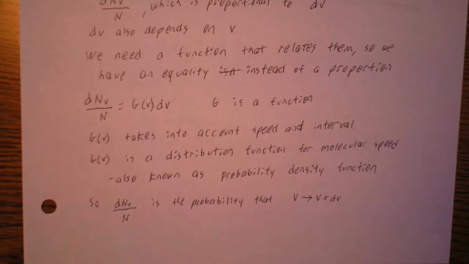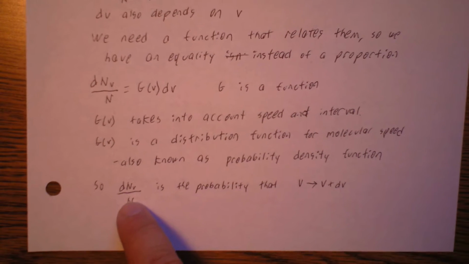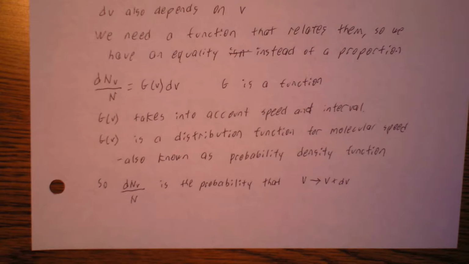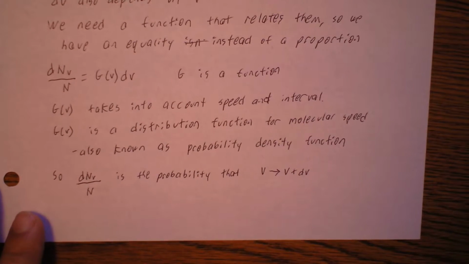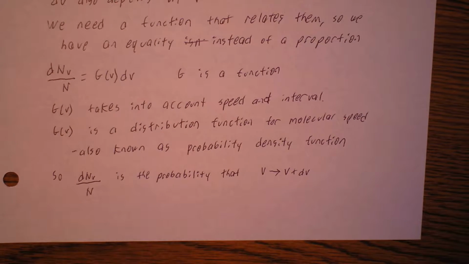And likewise, G of v is a distribution function for molecular speed. So this is a probability density function for the molecular speed. That means this ratio, dN_v divided by N, is the probability that any molecule is in that shell, the range of v to v plus dv.